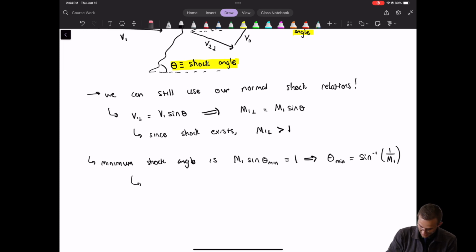So sine inverse of 1 over M1 is equal to sine inverse of a1 over V1, and that's equal to mu, which is the Mach angle, right? So our Mach angle is equal to theta min.